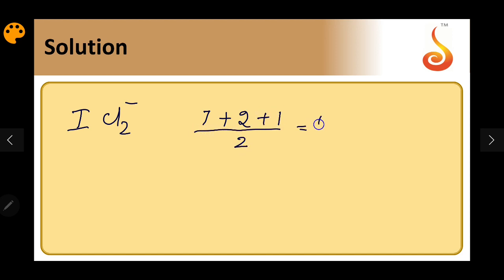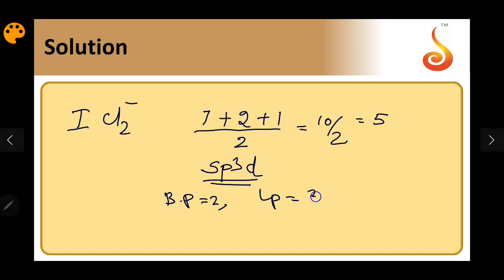So it is 10 by 2, which is equal to 5, then it is sp3d hybridization. If it is sp3d hybridization, the number of bond pairs is 2 because 2 chlorine atoms are there. So bond pair equals 2, lone pair equals 3. So the shape would be linear.